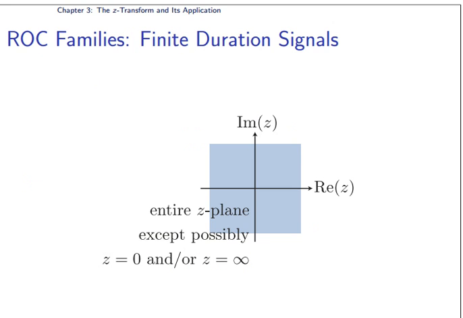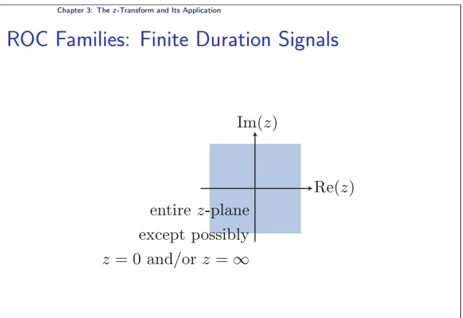Say for example, here we have an imaginary axis and this is the real axis of z. Here we try to find the values of z where x of z has a finite value, and that is what we call the region of convergence.